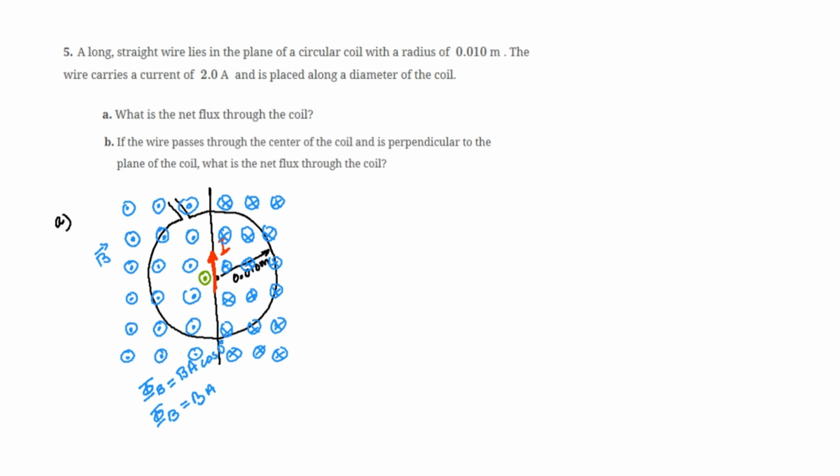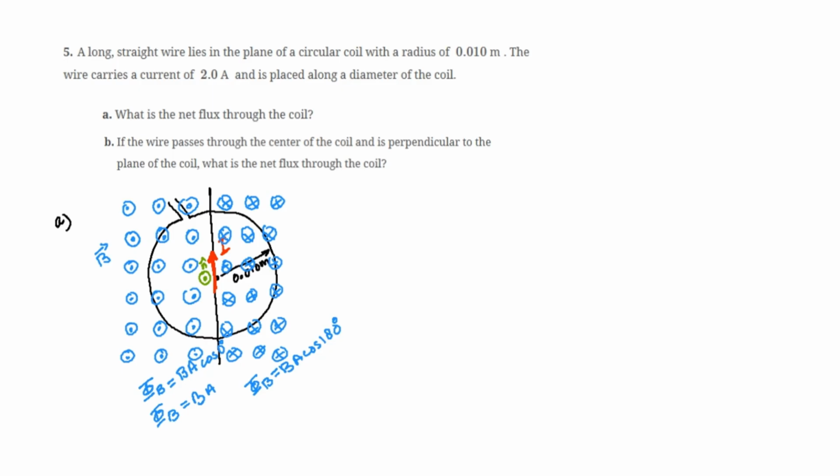So this would be BA cosine of 180 degrees, because the normal vector and the vector B to the left of the current carrying wire are parallel.